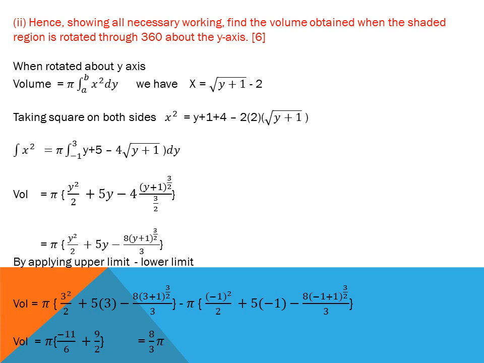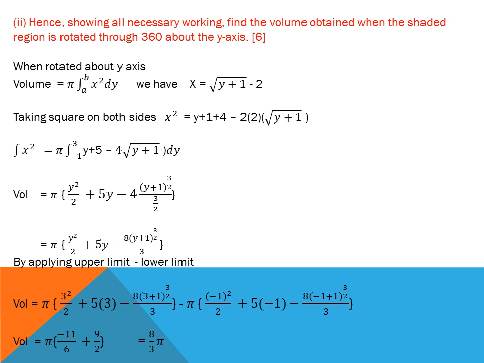In the previous slide, I already explained that in integration we add 1 to the power of the variable, but when we differentiate, we subtract 1 from the power. So y square over 2, and the integration of the constant 5 is 5y, minus 4. Here I also use the power rule: y plus 1 to the power 1 over 2 plus 1 becomes 3 over 2, and then we divide by the power 3 by 2. The integration of y plus 1 is 1, so there is no need to apply anything else.